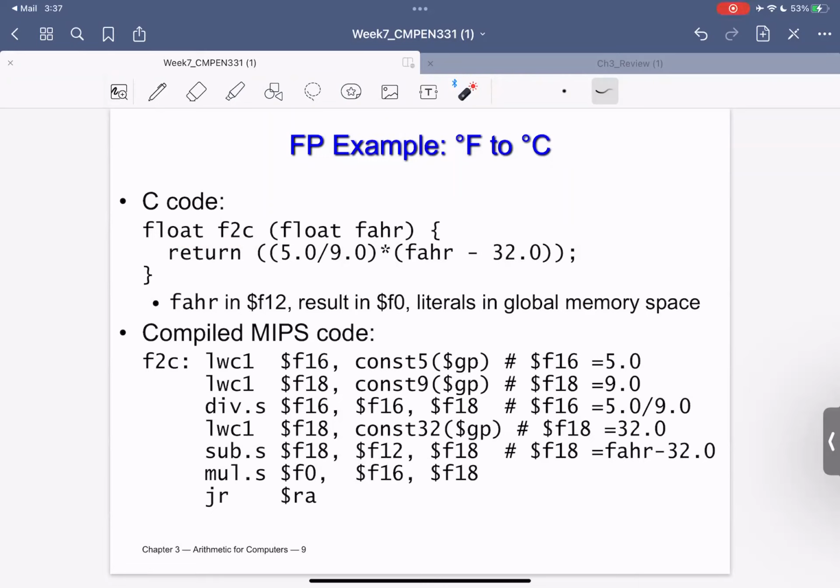Let's say that we choose the Fahrenheit here and Celsius, and this is the equation basically for that transfer. I'm giving you here that the Fahrenheit, that variable, is in F12, and the results has to be saved in F0. And we need to know how I can write that particular code in MIPS in that particular case, given that these are floating point format.